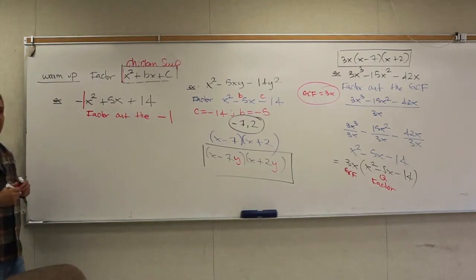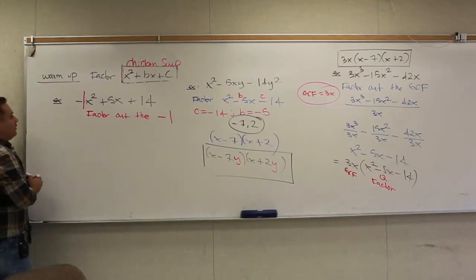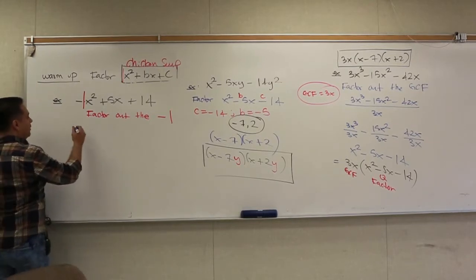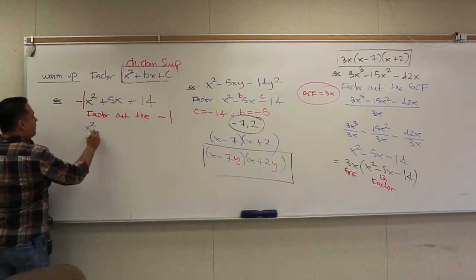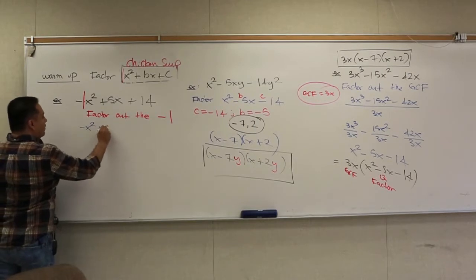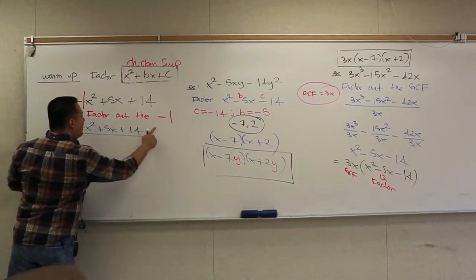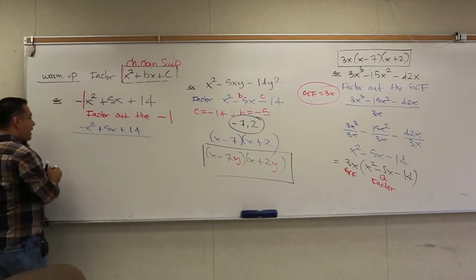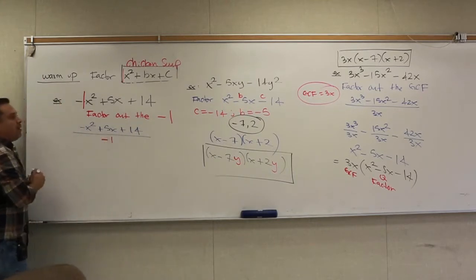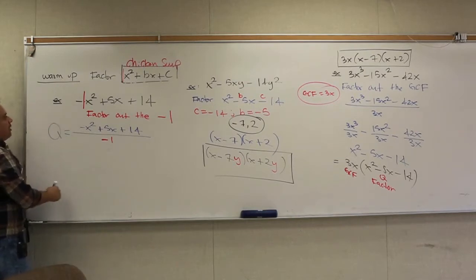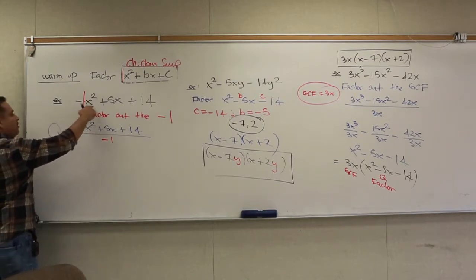You go, how do you factor out negative 1? Very easily. Determine your quotient. You say, what do you mean? Well, this is negative x squared. Remember, it's minus. Plus 5x plus 14. Divide by what? By negative 1, because we're going to find the quotient. So I'm going to write this as negative 1 times a quotient.